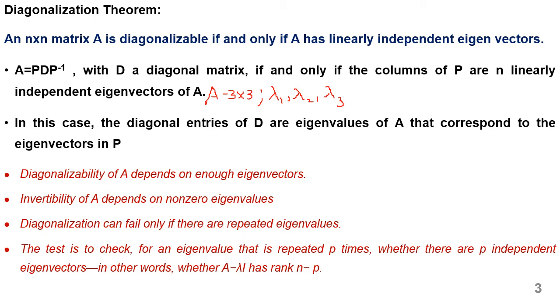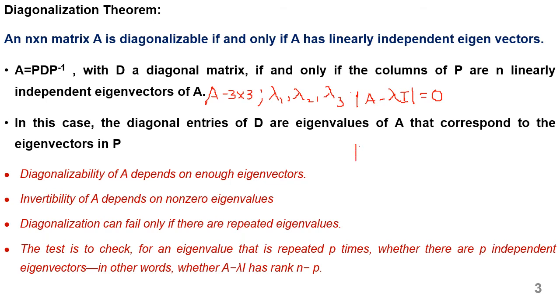The equation we use here to find the eigenvalues is determinant of A minus lambda I is equal to 0, which is popularly known as the characteristic equation. Once we find the eigenvalues, corresponding to these eigenvalues, we can find the eigenvectors.